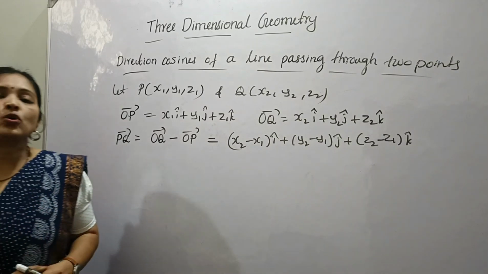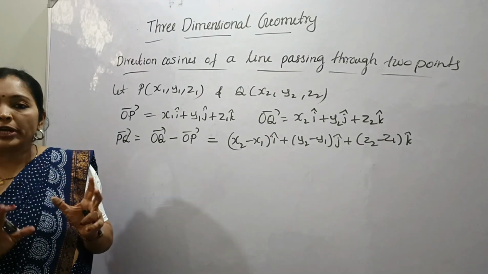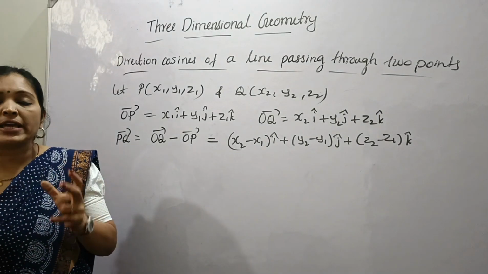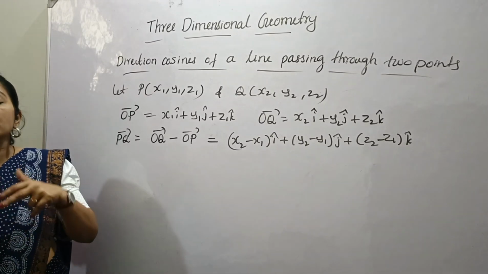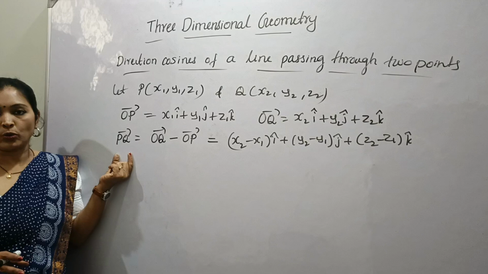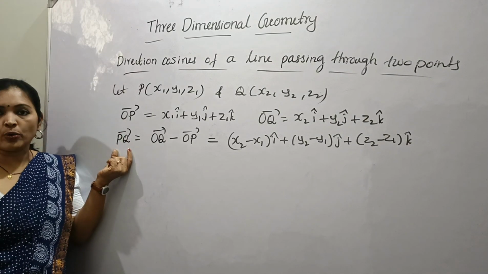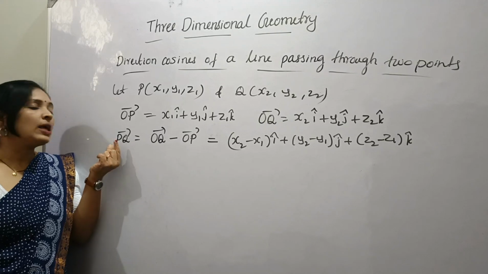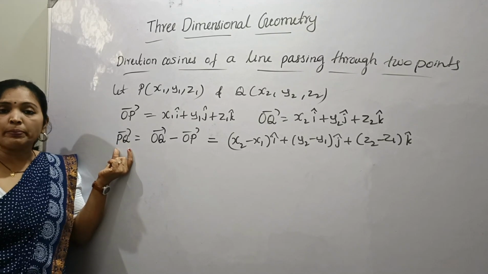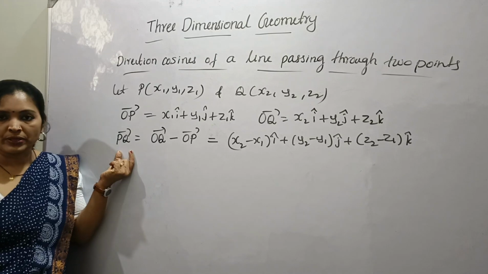What are the direction cosines? They are nothing but the components, that is the coefficients of i, j, k, of the unit vector along vector PQ. Direction cosines of line PQ are nothing but the components of the unit vector along vector PQ.